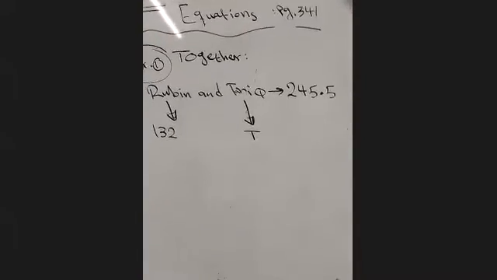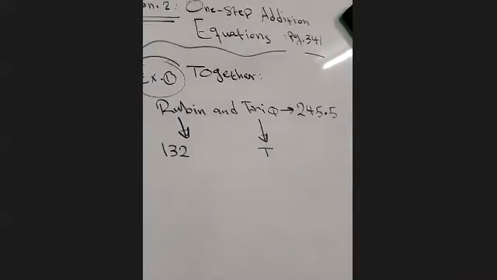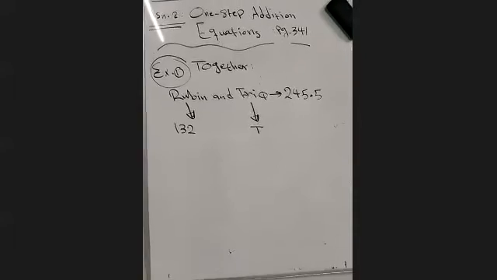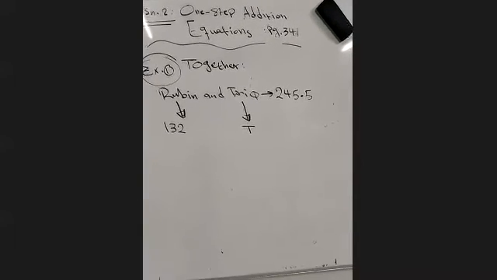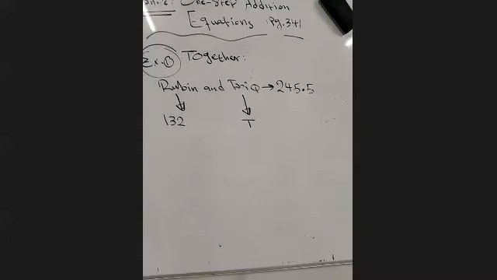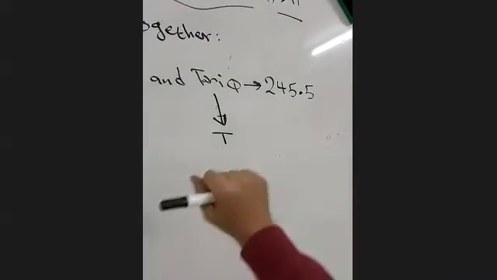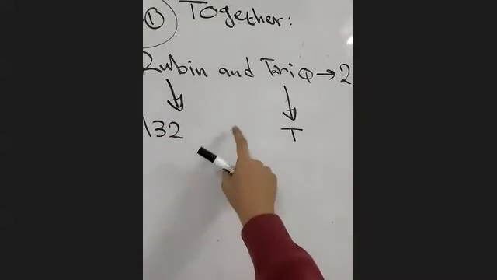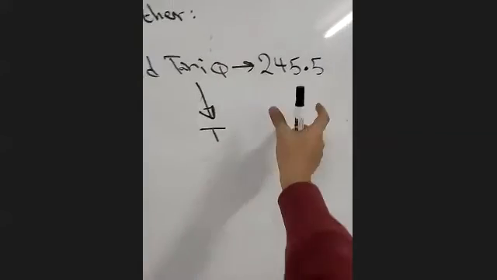Now let's write our equation. Together means we will add them. For example, me and Yusuf, both together, we have 30 riyal. So me plus Yusuf equals 30. Together, they downloaded 245.5, means 132 plus Tariq, which is T, equals 245.5.